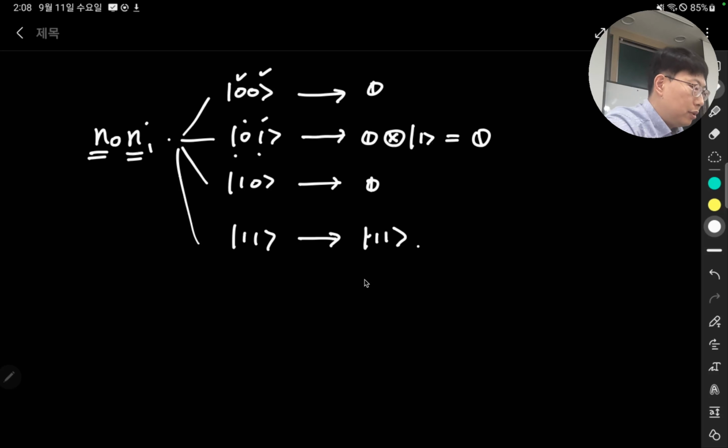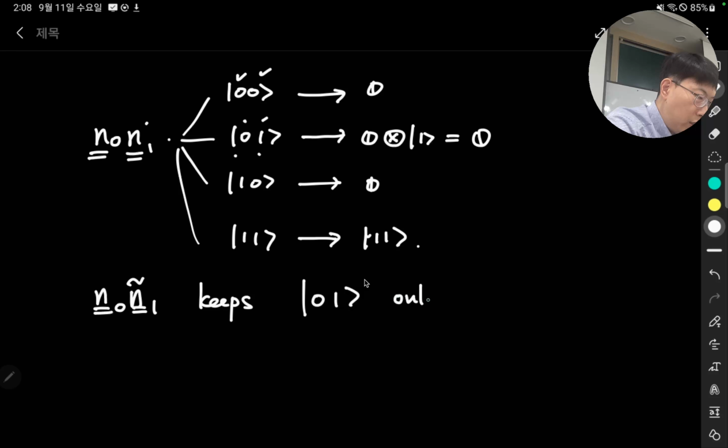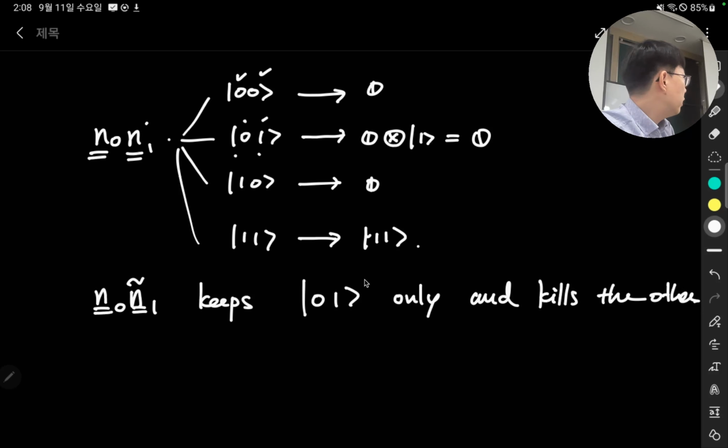So I want to do this for other states. If I take n0 and tilde n1, then it keeps the 1 0 omni-base state and kills all the other base states.